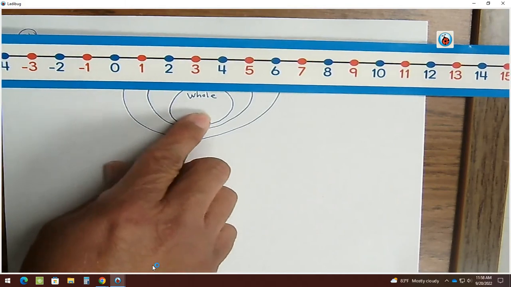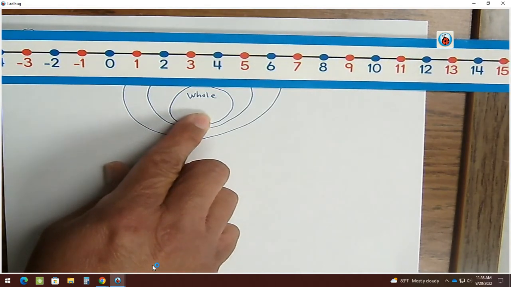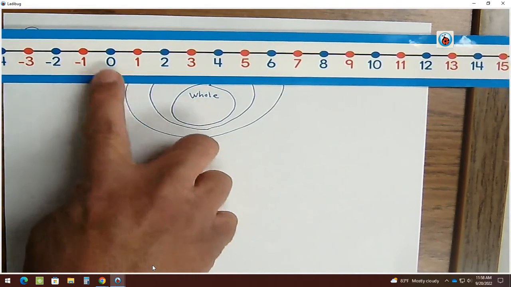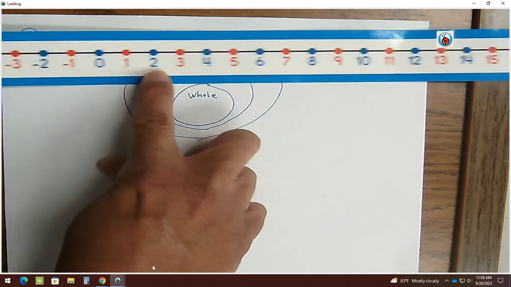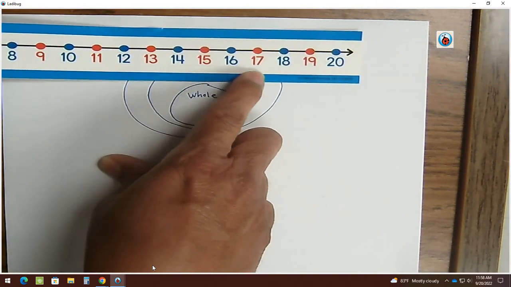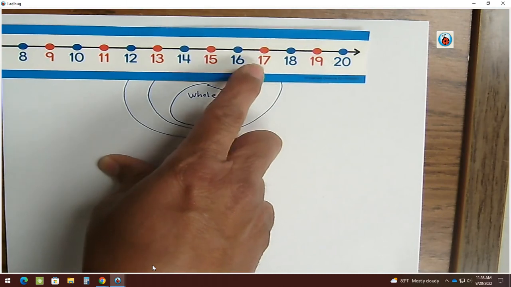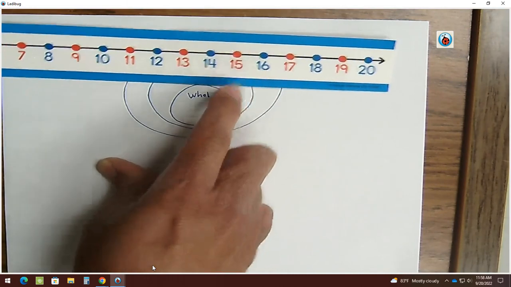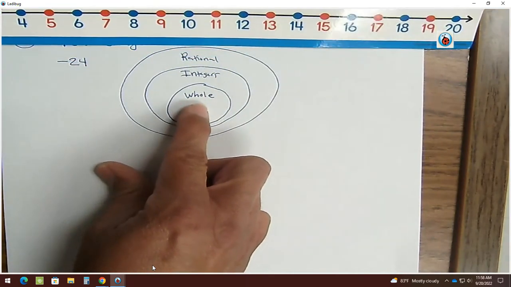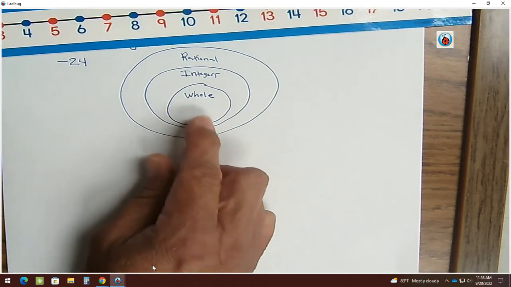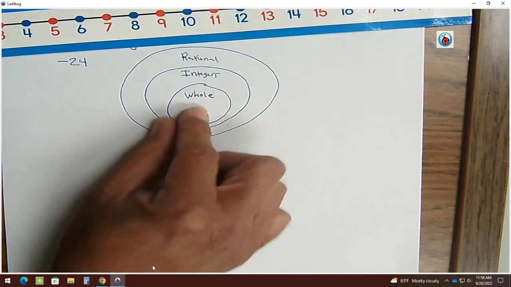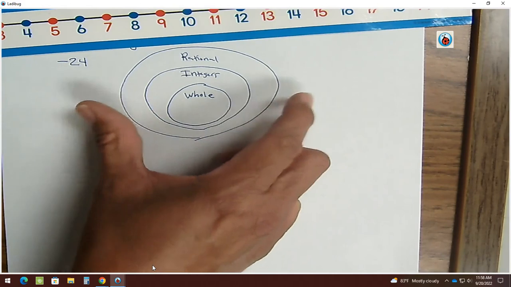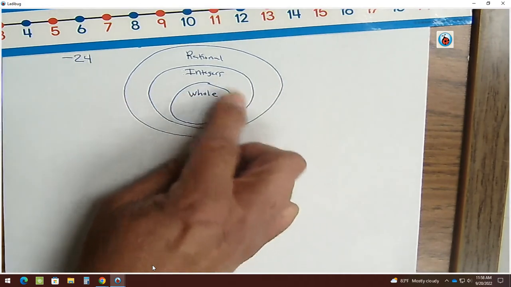He's part of the whole numbers. So if I ever want to place something in here, it better be 0 and all the right numbers on the number line, which are your whole numbers, which on my wall are the blue numbers. Questions on who you place here? By the way, if you place a number here, you're automatically an integer and a rational. Okay, that's how the Venn diagram works.